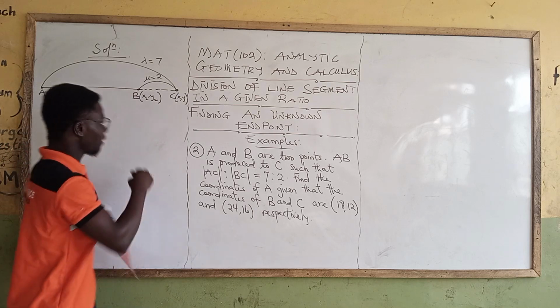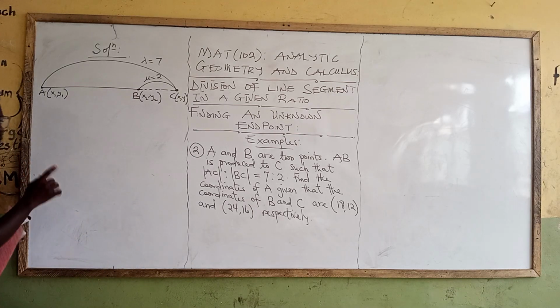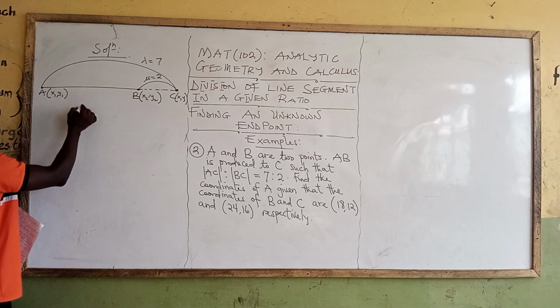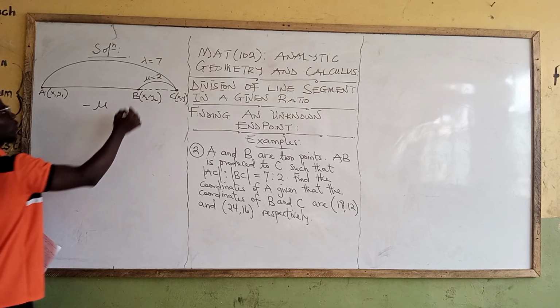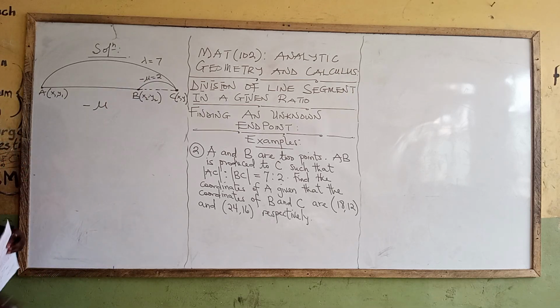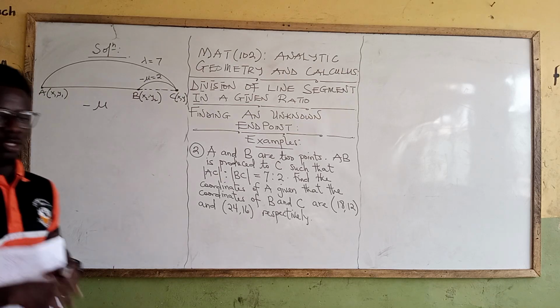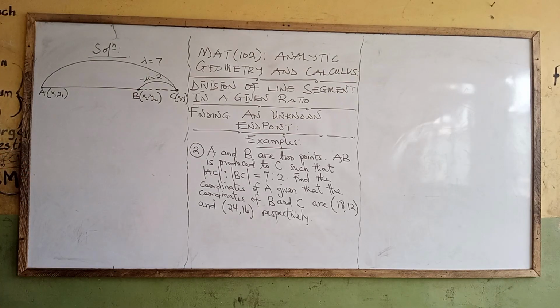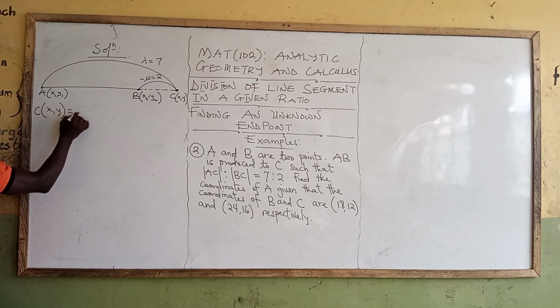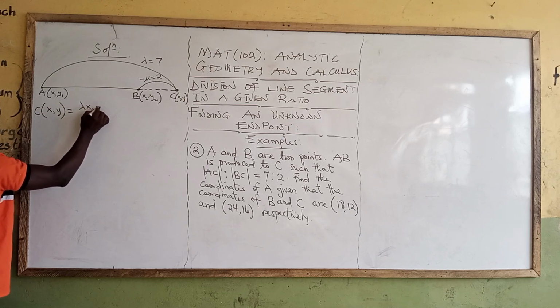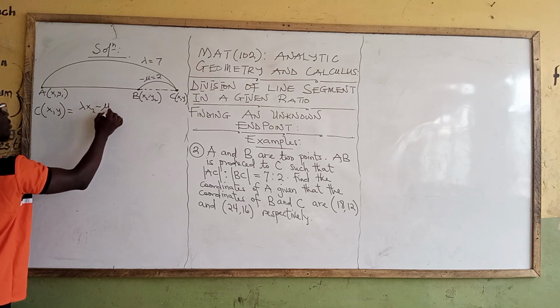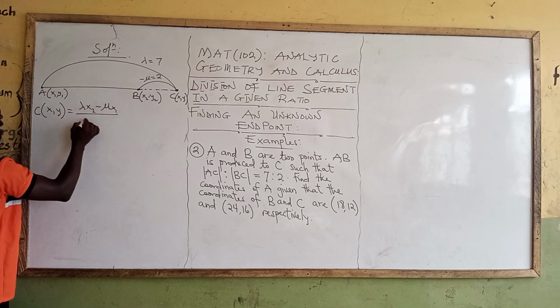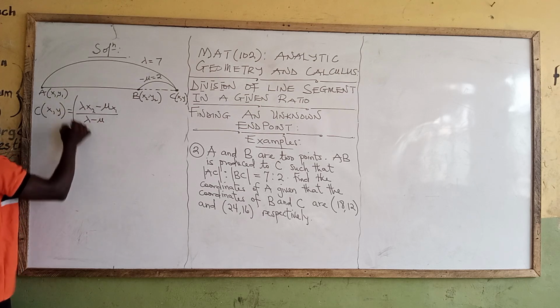Right. So now let's see. External. And don't forget, external division, we negate the smaller ratio. So this time around, we negate what? Mu. We negate mu. That's external division. So I get my point C, which is xy, which must be equal to lambda x2 minus, I'm negating that, mu x1 divided by lambda minus mu.